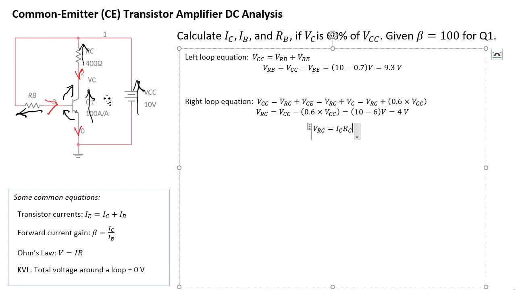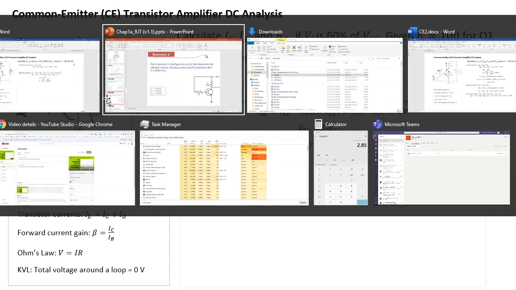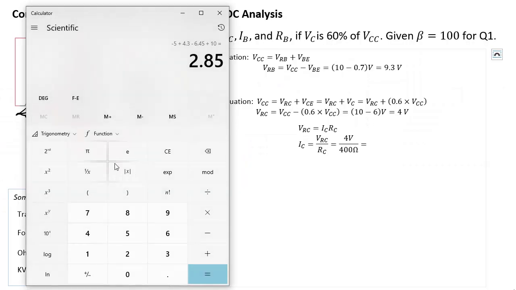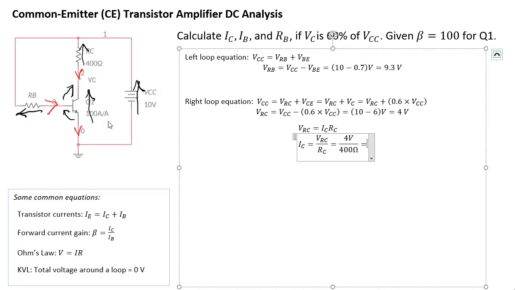The only unknown is IC, so IC is equal to VRC divided by RC. So that's 4 volts divided by 400 ohms, so 4 divided by 100, we got 0.01, that's 10 milliamps. So now we have IC.